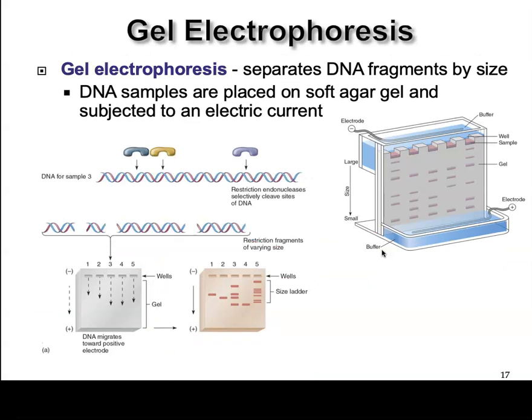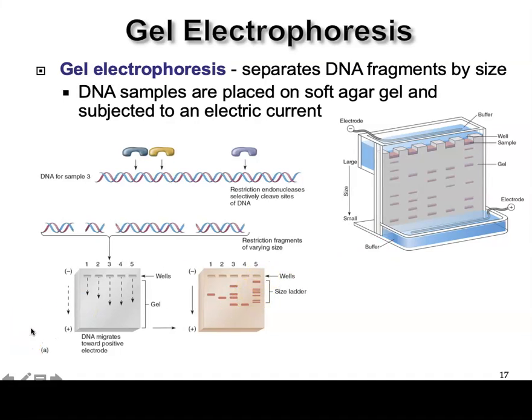All right, I want to talk a little bit about some of these techniques. Gel electrophoresis is something really interesting. We can take a sample of DNA and cut it with these enzymes, and in this process we put the DNA in these little wells. We put a buffer over it.